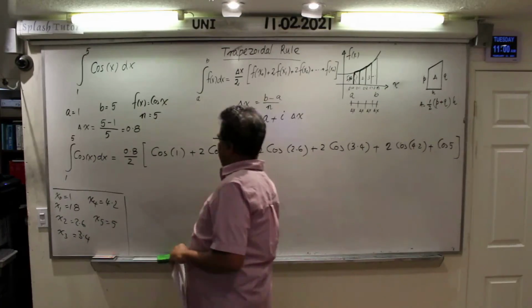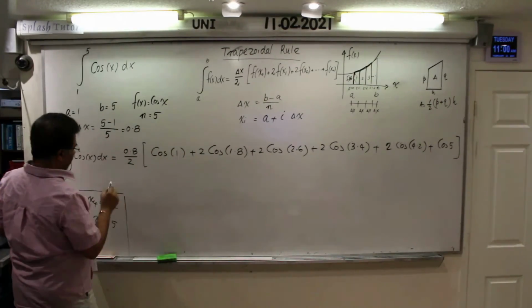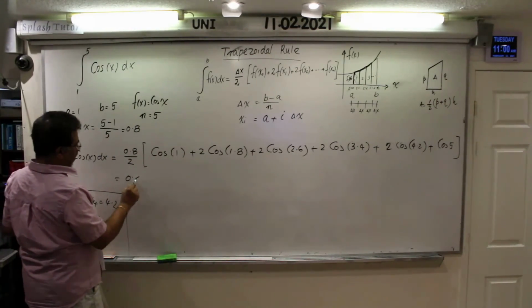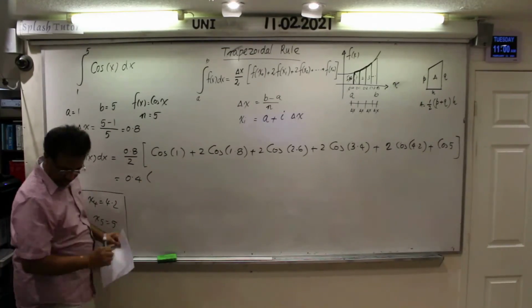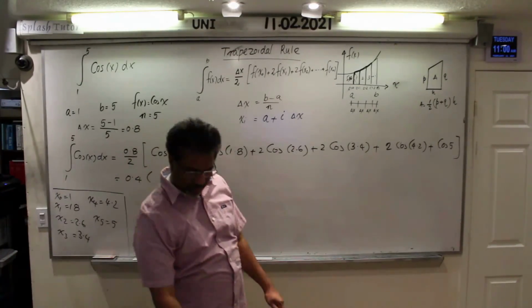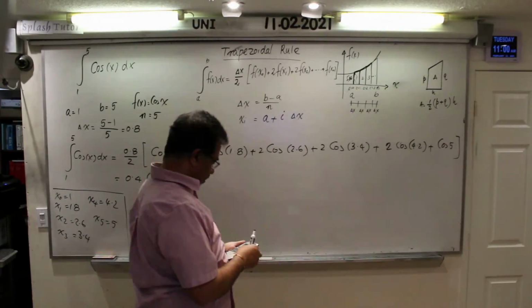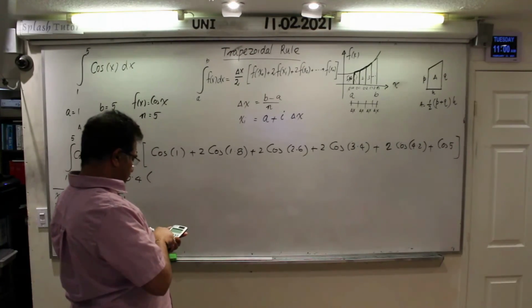So this should give us an answer, and that is times 0.4. Now if you do that, it has to be in radians, because we don't want degrees, so we need to change it to radians.